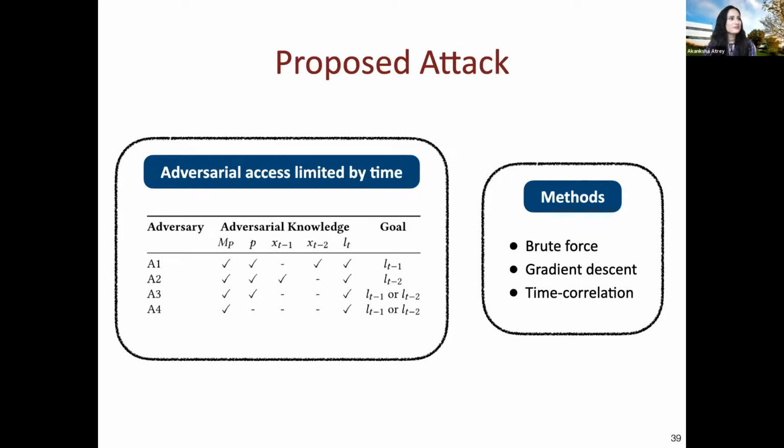And there could be many reasons why they would have access to MP. One is, of course, debugging or testing. The other could be scenarios like federated learning. I don't know if anyone's aware of that, but you're trying to use that personalized model to then make a global model out of it. So there are many scenarios where this could happen.